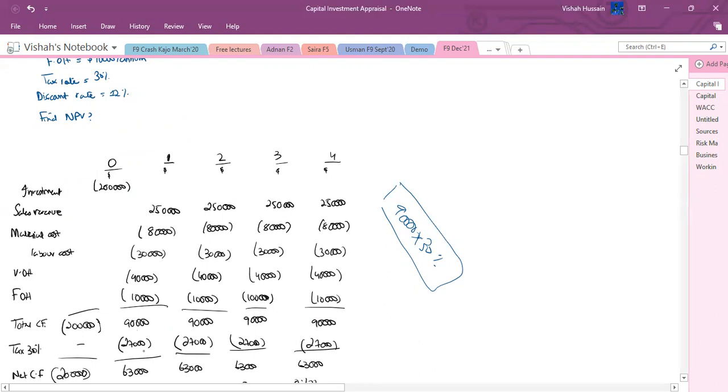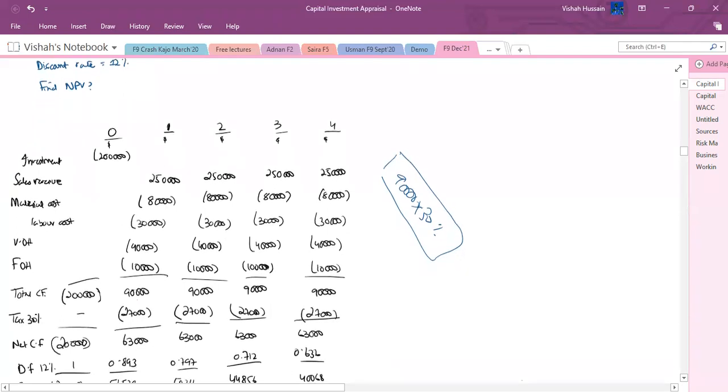Tax is also excluded from the profit because tax goes out to the government from your end. Therefore, 90,000 minus 27,000 gives you the final profit after tax, which you also call net cash flow, because profit is different, cash flows are different. Profit also includes depreciation, amortization, etc. But cash flows only include the cash coming in and cash going out of the company, which is why we write it as net cash flow.